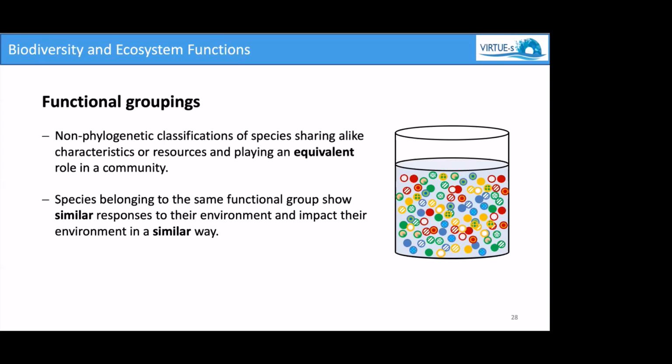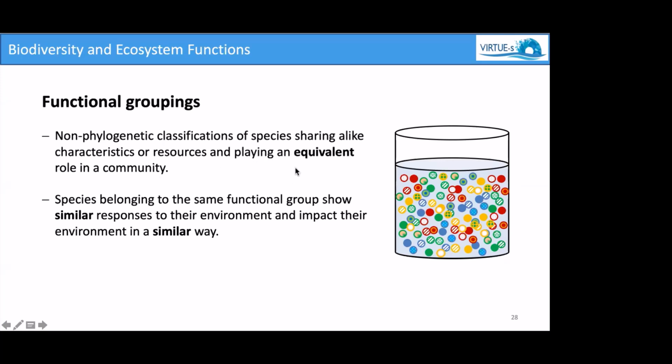So it is a classification of species not based on what phylum they belong to, what family, or what class or order. It is a classification where the species which share the same characteristics and the same resources and play an equivalent role in the community will be classified together. Okay.